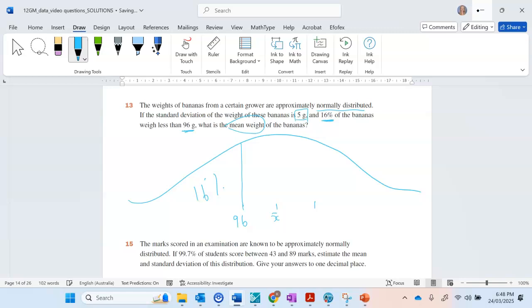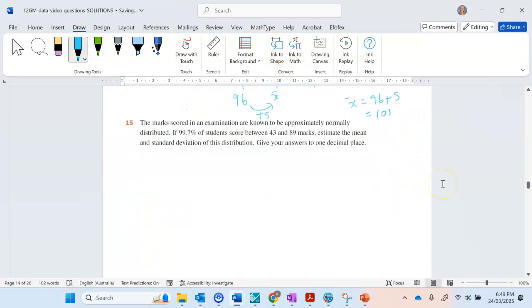We've got to work out what the mean is. We know that the standard deviation is 5, so I've just got to go plus 5 to get the mean. So the mean is equal to 96 plus 5, which is 101. So the mean weight is 101 grams.